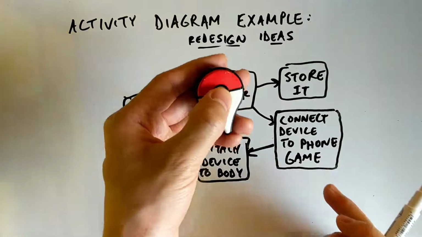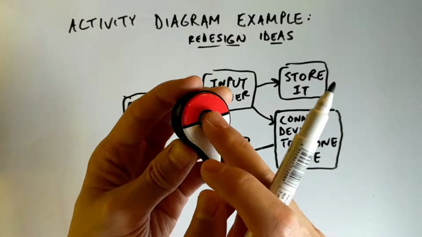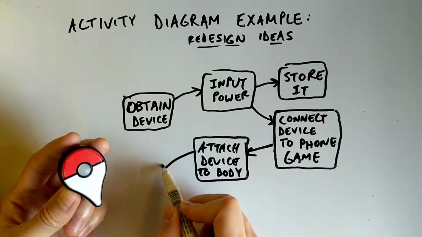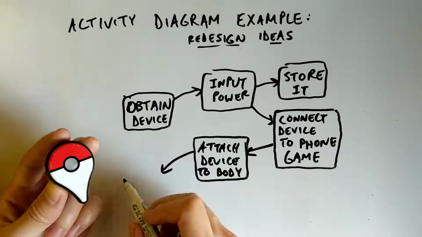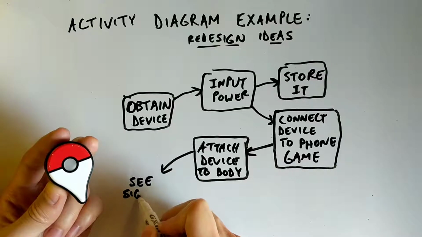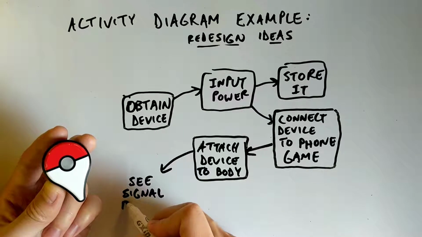And occasionally we're going to want to catch Pokemon. So we do that because this thing actually lights up. So we need to, as the user, see signal or see messages, we might say, see signal from the device.